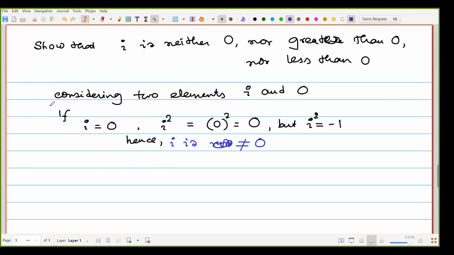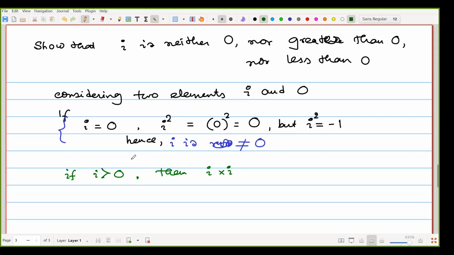Okay, that is the first one, for i equal to 0, we are considering. Second one, if i is greater than 0, then i into i is greater than 0.